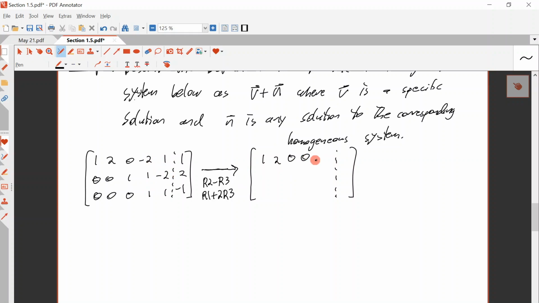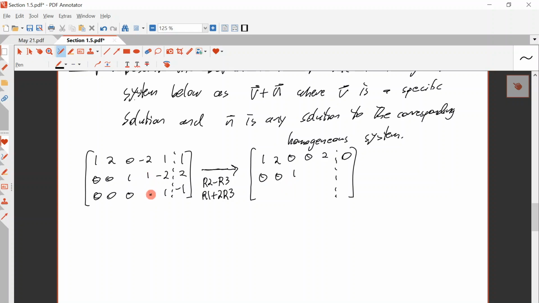And then 1 plus 1 is 2. Minus 1 plus 1 is 0. And then this one, add it. 0, 2, 0. Next row, 0, 0, 1.